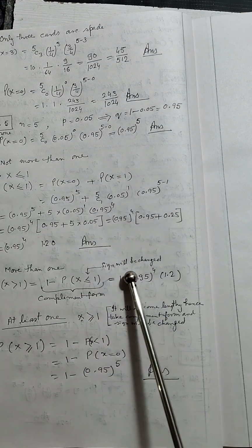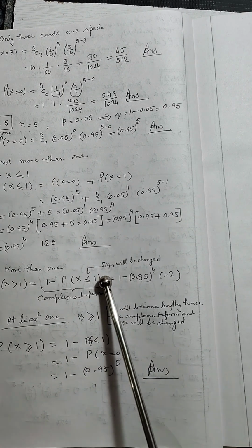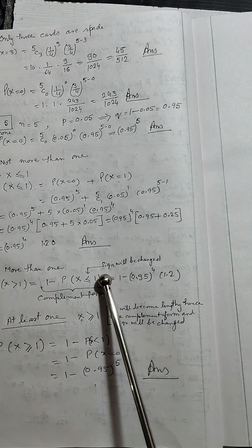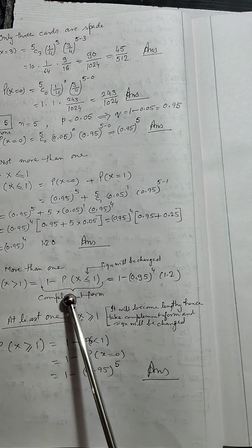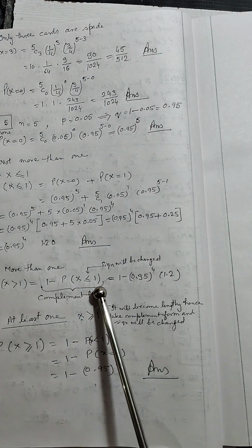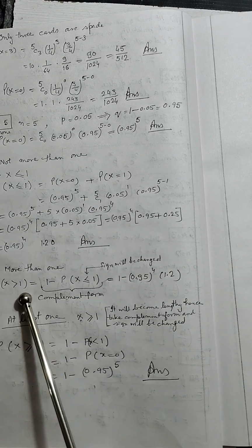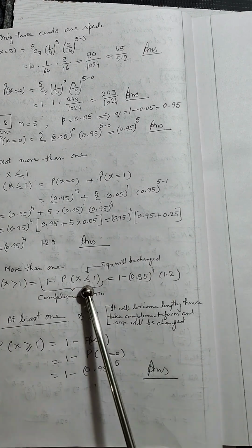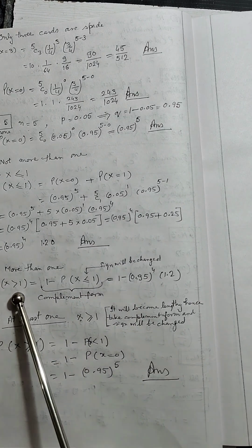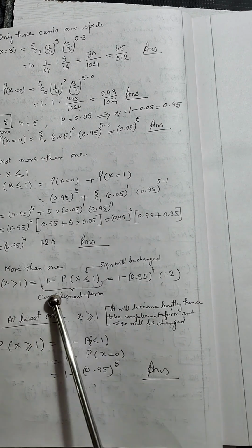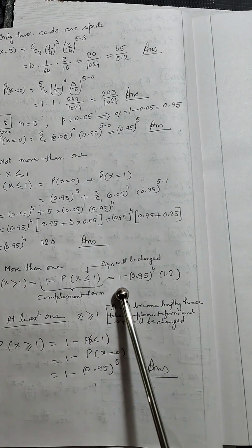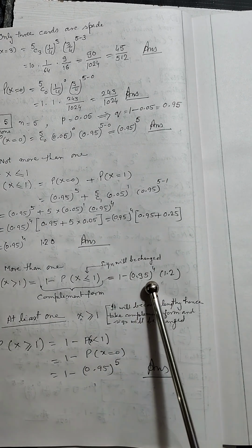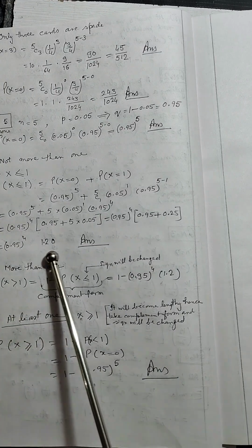Here the sign will be changed. Here just I have specified clearly, the sign will be changed. So 1 minus probability of x less than or equal to 1. Here it was greater, but here it will be less, because we are going to take the complement form. So 1 minus 0.95 raised to power 4 into 1.2.